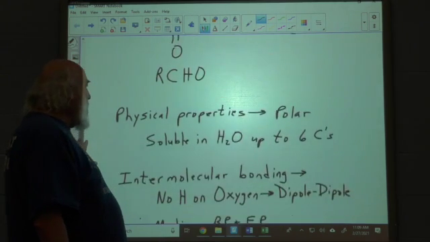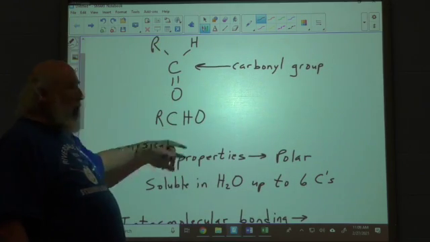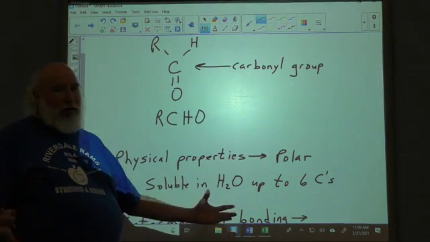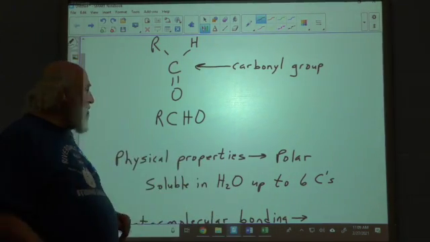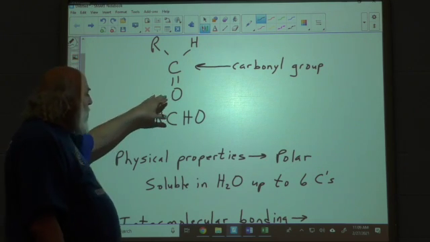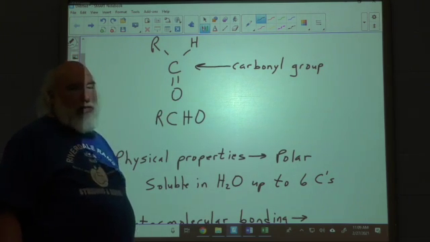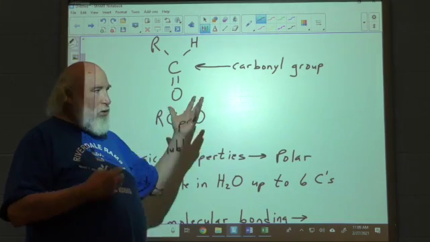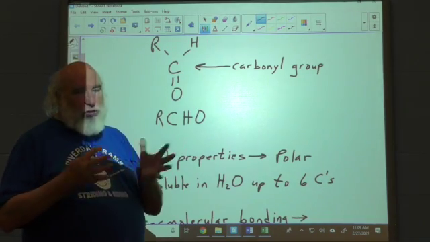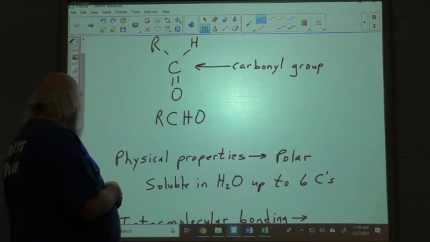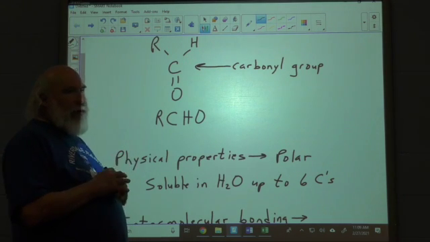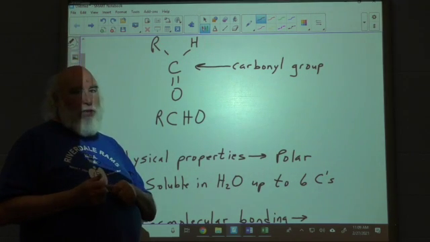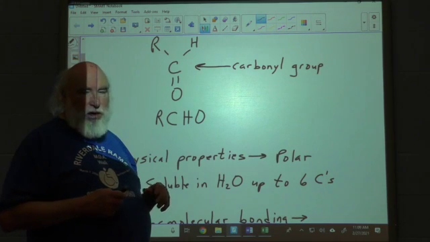All right, physical properties. Well, because of that oxygen right there, that is a polar molecule. So that means it's soluble in water up to about 6 carbons. Again, that fluctuates, but right around 6 carbons. The fact that there is no hydrogen bonding to this oxygen means that there is no hydrogen bonding involved in other molecules like this that are trying to keep together in liquid form or solid form. So that means that they are going to be loosely bonded compared to the hydrogen bonding and more strictly bonded together than the van der Waals forces of the hydrocarbons.